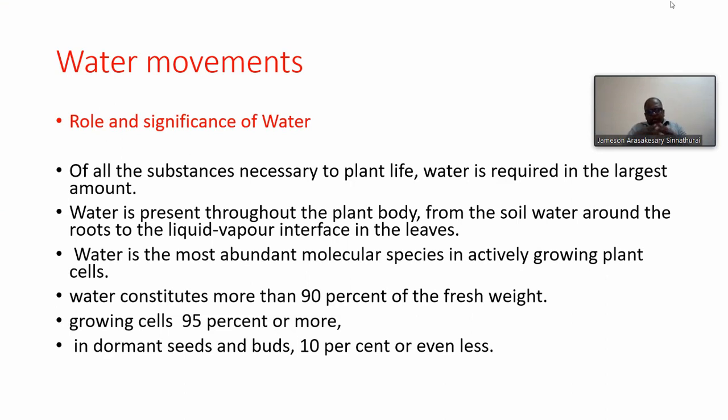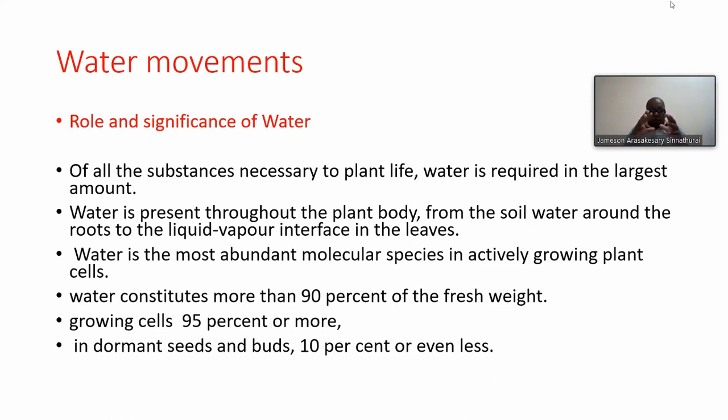When you consider the number of molecules in a plant, water has the largest number of molecules. When you weigh any plant, 90% of the fresh weight is water. That means if you take 100 grams of amaranthus and dry it, the dry matter will be around 10 grams.